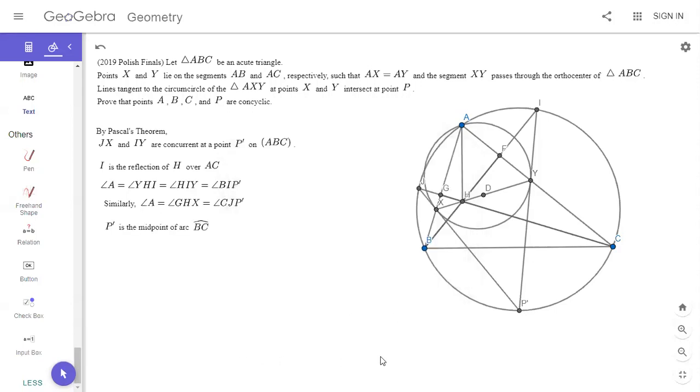All right. And then once we know that, now we can do an angle chase because basically we can calculate angle XYP prime and show it's equal to angle A. So I guess another way is, trying to think how to phrase this.